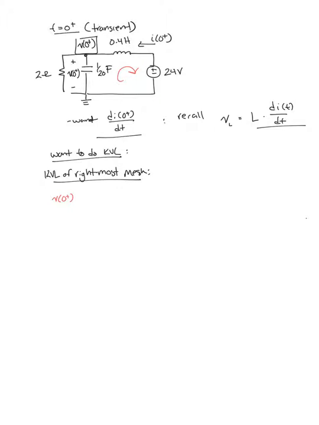I'm going to lose the voltage across the inductor, noting that this arrow is actually described as being negative I 0 plus. It's going opposite direction, so it will be negative L di 0 plus dt. And then I lose voltage 24 volts across the voltage source. Okay, then solving this expression for di dt at time 0 plus, I get that is 50 amps per second.